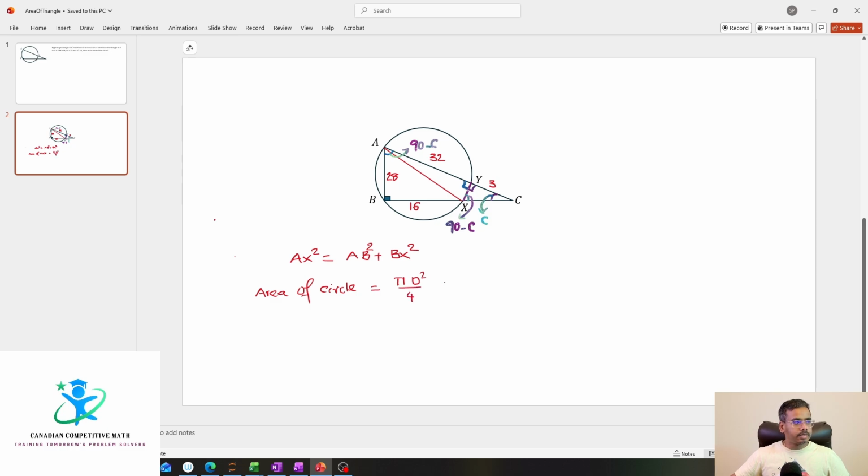So d square is AX square. So pi by 4 times AX whole square, pi by 4 times AB square plus BX square. That will be equal to pi by 4 times 28 square plus 16 square.